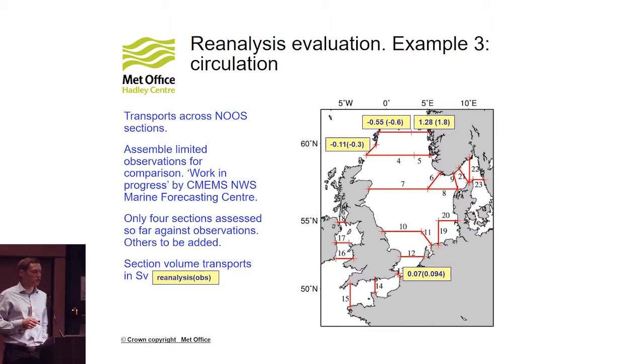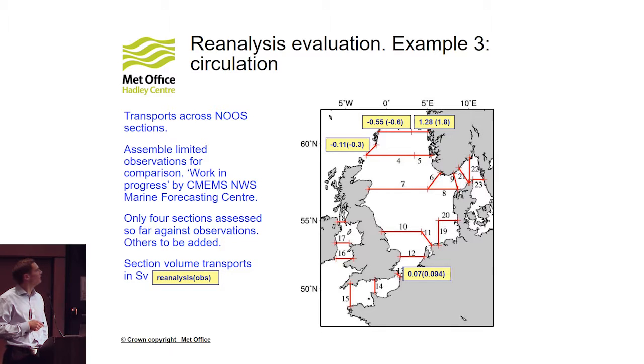We've been trying to look at some sections in the Northwest Shelf. These are sections which were agreed as standard sections a number of years ago within the NOOS community. And because the NOOS consortium providing these CMEMS products has a number of different members, they have access to various different observations that we're hoping to be able to make use of more over the coming years to validate the reanalysis against those observations.